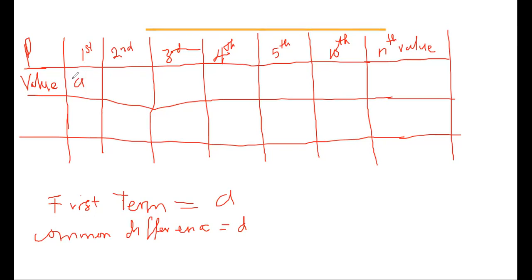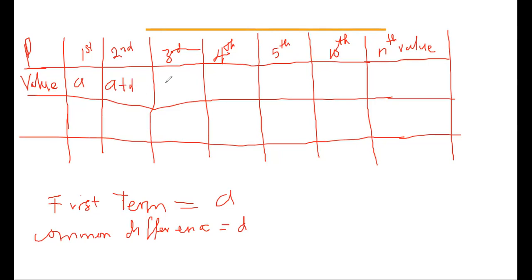So we are saying our first term will be A. To get the second term, we get A plus the common difference, so this will be A plus D. Are we there? Yes, teacher.